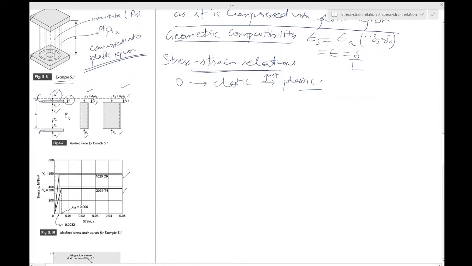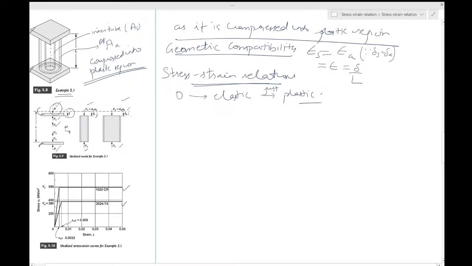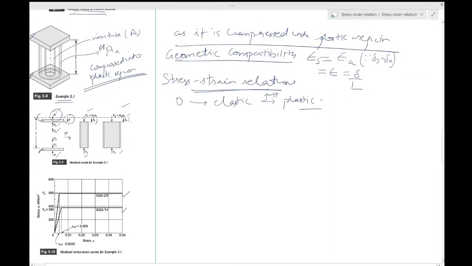So I know the behavior, but now I have quantified it. As soon as 590 is reached, I will assume this non-strain hardening plasticity in both the cases. Okay, 590 and 380 approximately. So this is the idealized behavior which I have. Because there are two separate regions, one elastic, one plastic, let's start with one part.